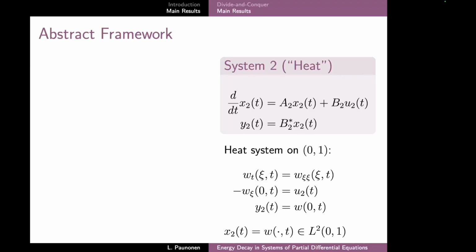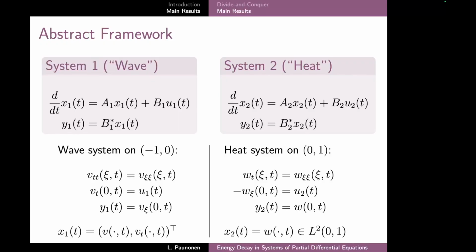For the wave part then, we can do the same, but maybe the main difference here is that because the wave equation is a second order differential equation with respect to time, and we want to represent it as a first order in time differential equation, then we can consider an extended state variable where we consider both the deflection profile of the wave at time t as well as the velocity profile.